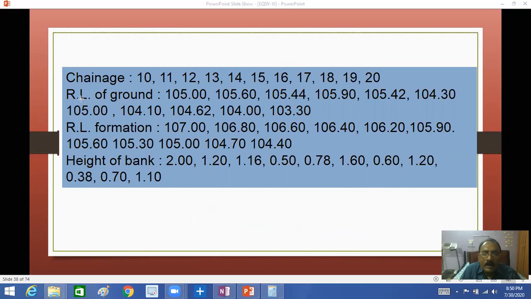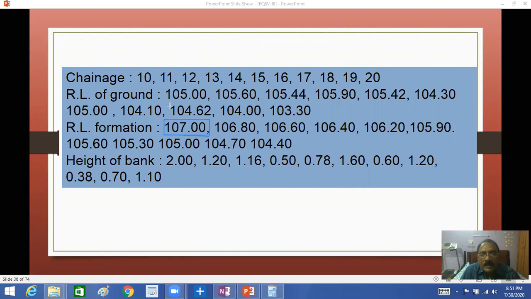And the reduced levels of ground level are 105, 105.6, 105.44, 105.9, and so on, down to about 104.62 and 103.3. These are the ground levels. The formation level given in the problem is 107 at the starting point.